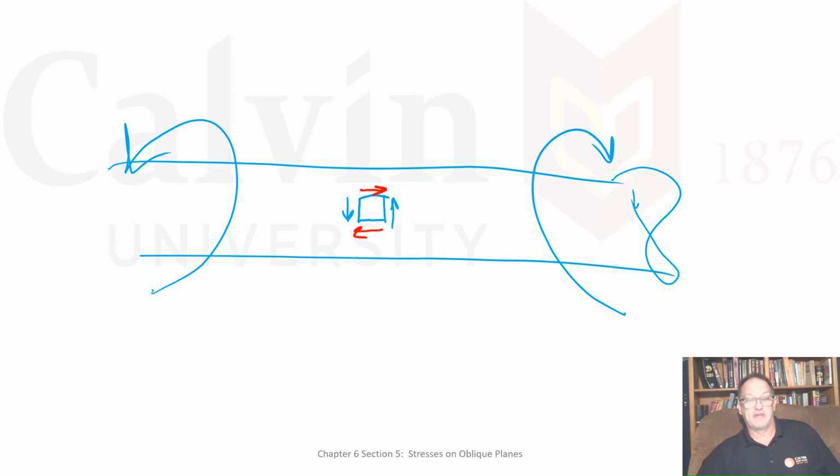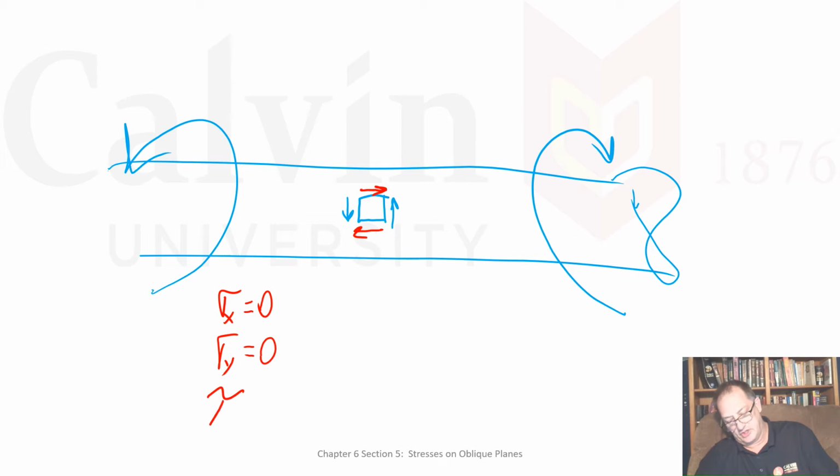If I have that, then I have sigma x equal to 0, sigma y equal to 0, and a shear stress equal to TC over J. Now, when we're talking about oblique planes, we're going back to chapter 2 or chapter 3.